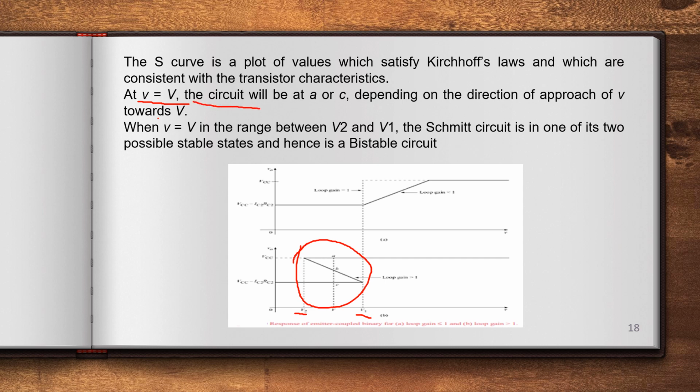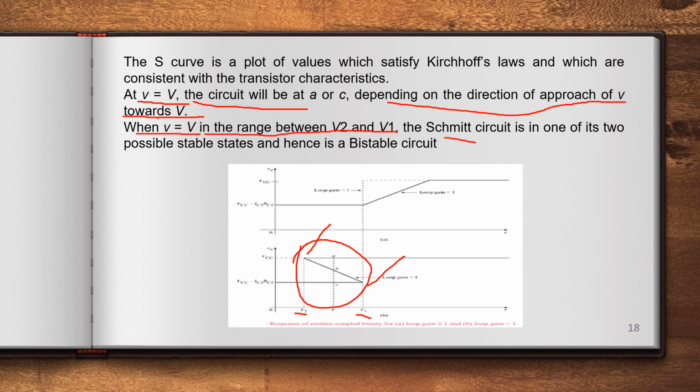This circuit will be at A or at its lower level C, depending on the direction of approach of input voltage towards the hysteresis voltage, capital V. So your hysteresis voltage is in the range of V2 and V1.